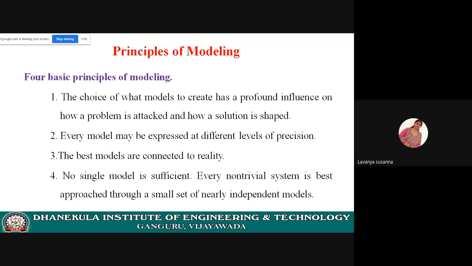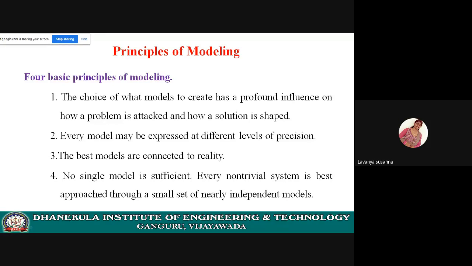You will design some irrelevant concepts. It is not the system you are developing, it will not connect to the system you are developing. Best models will always connect to the reality. That means it expresses the software system you are developing. I hope you understood.